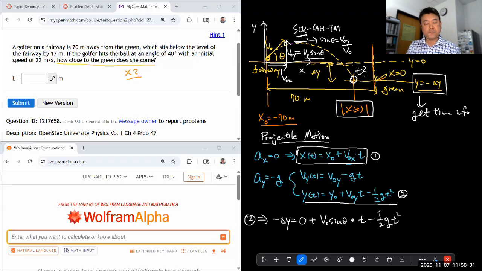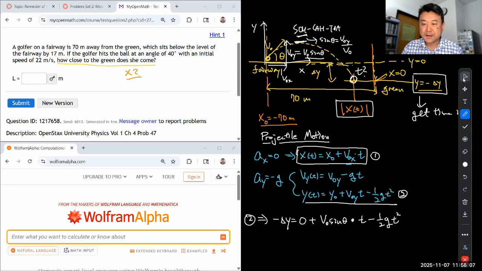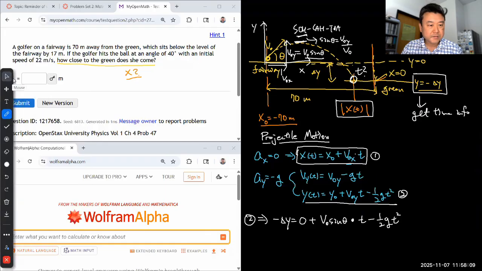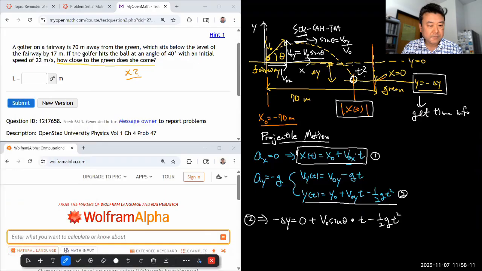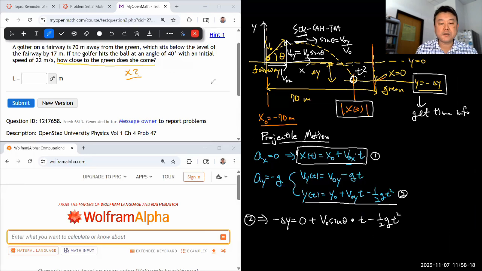Okay, looks like I'll have to use the quadratic formula, so I'll do that without too much complaining. Let me first put this equation into the standard form. I'm going to move everything to the left hand side because then I can identify coefficients a, b, and c.